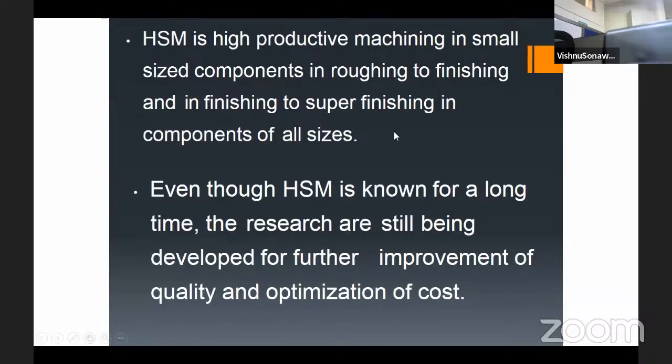Okay, right. High-speed machining is highly productive machining of small-size components, in roughing to finishing and finishing to super finishing.